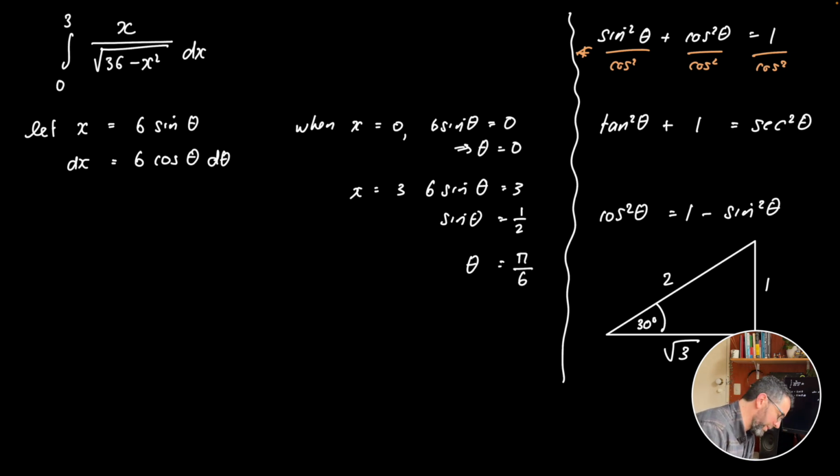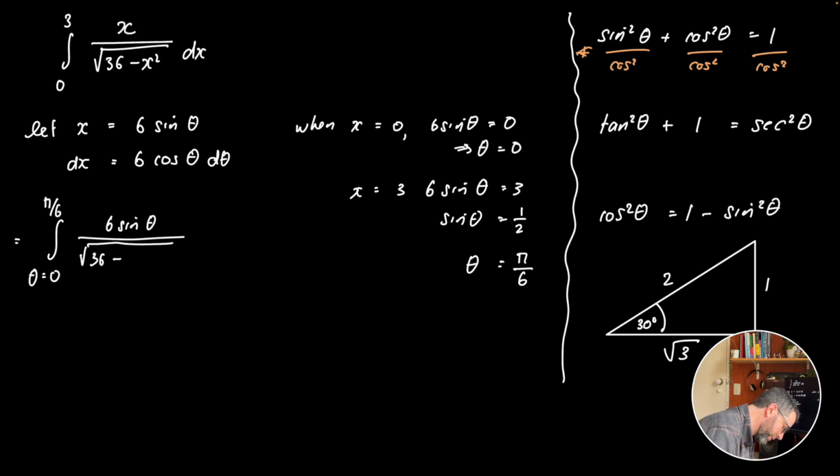So let's put all that in and make our new integral. So that equals the integral from theta equals 0 to pi over 6 of x, well x is 6 sine theta, divided by the square root of 36 minus x squared, 36 sine squared theta, and then dx.